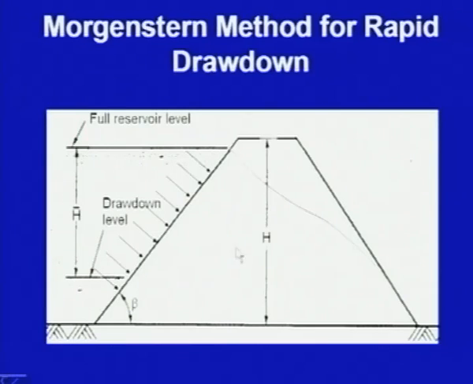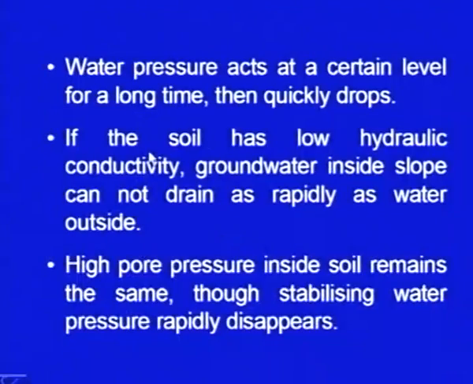So, water pressure is available here inside, which was acting against the outside pressure. So, there will be instability in this region, and that instability can be checked using this method, Morgenstern's method of rapid drawdown.